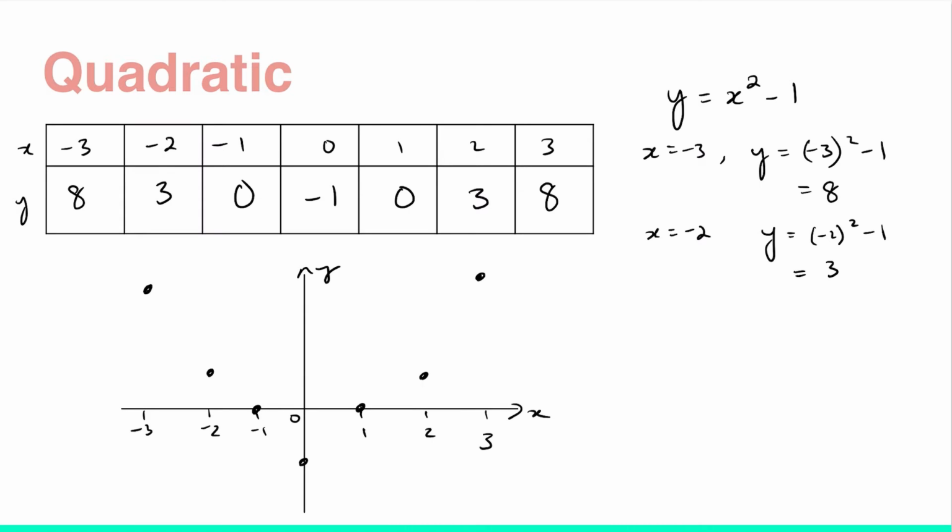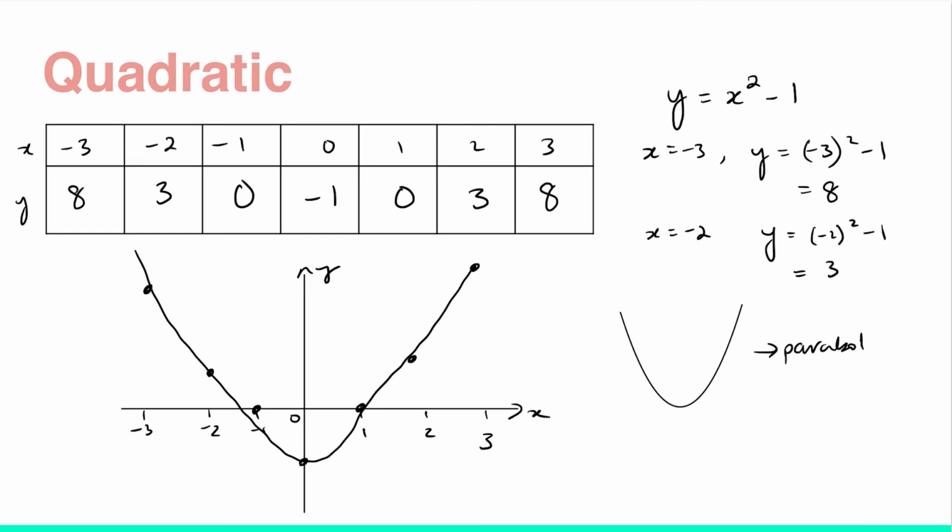And hopefully you can see what we'll have is a little bit of a curve that will go through these points. Now clearly I've completely missed the mark here, that's fine, but again, you get the idea of what your quadratic should look like. When you connect the dots, it should make a nice curve that looks like this. So this is what we call a parabola, and that is going to be our y equals x squared minus 1 graph in this case.